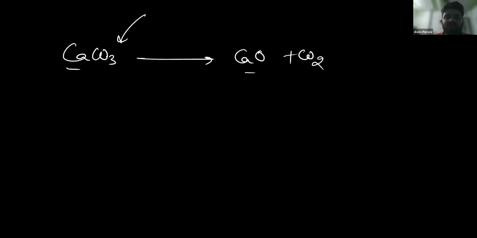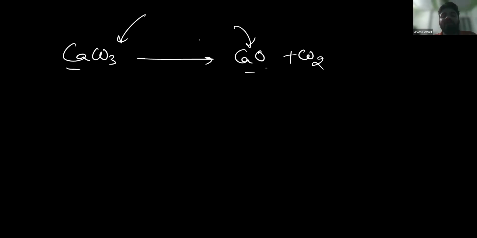One calcium atom, 3 oxygen, and 1 carbon. So do we need external oxygen in the case of carbonate ore? No, because the internal oxygen of the carbonate is sufficient to produce carbon dioxide and give the metal oxide.